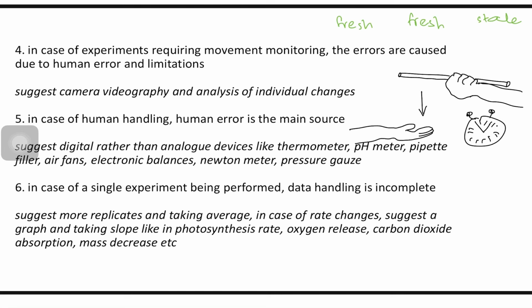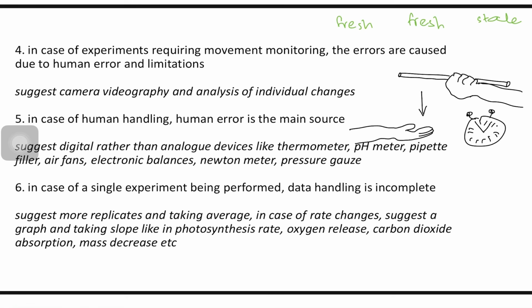What if the reaction time for the second person is really huge? So you can use video recording here and then you can play it in slow-mo and check how things are working. In case of human handling, human error is very problematic.